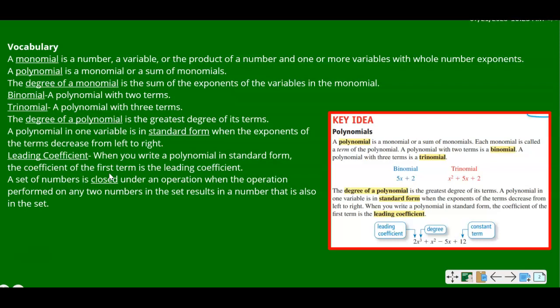Your leading coefficient, so when you write a polynomial in standard form, the coefficient of the first term is the leading coefficient. A set of numbers is closed under an operation when the operation performed on any two numbers in the set results in a number that is also in the set.